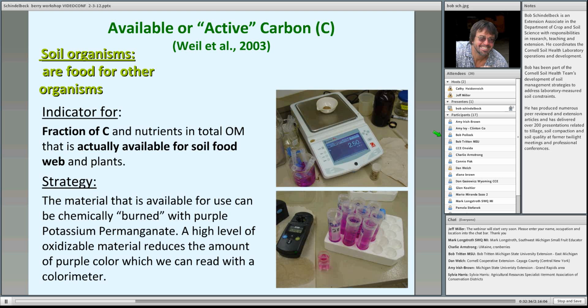The more purple that's used up in the course of this 10-minute shaking test, the more available organic matter was in the sample. So again, we're testing that flare up, looking for that kindling potential of the soil organic matter.